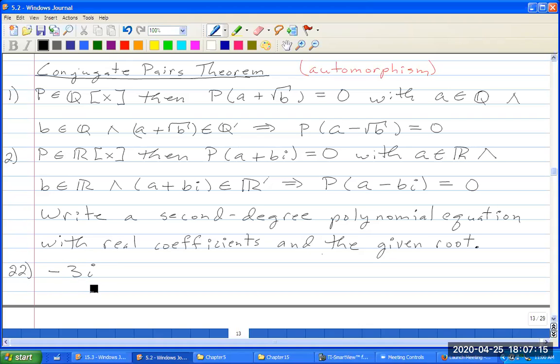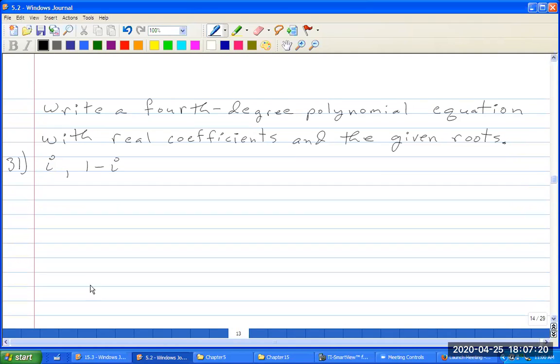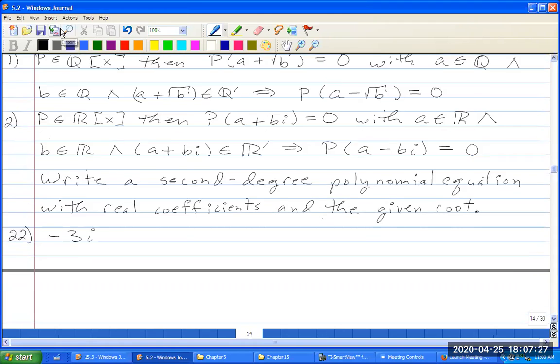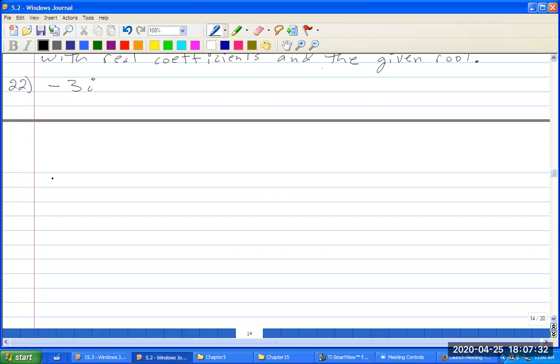And so if negative 3i is a root to your polynomial, then so is positive 3i. And so I have that both 3i and negative 3i are roots to my polynomial.